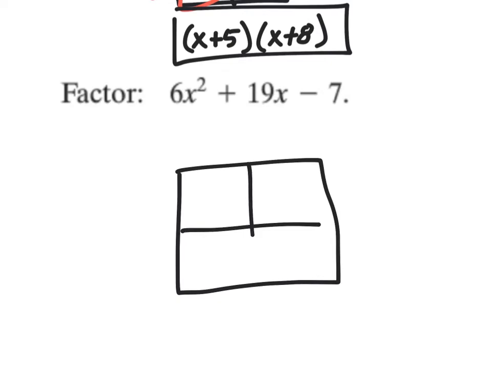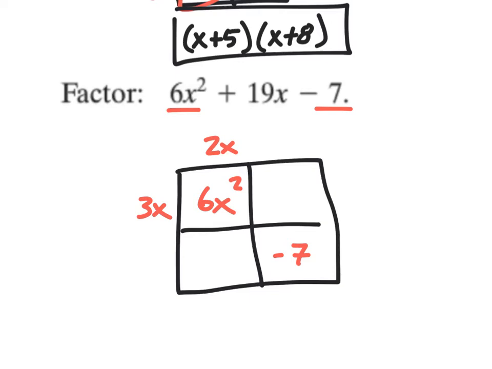I'm going to go through this and show you guys a couple different ways to do this. So I'm going to put 6x squared here, and I'm going to put negative 7 there. Let's think about 2 numbers that are going to multiply to 6x squared. That would just be 2x and 3x.